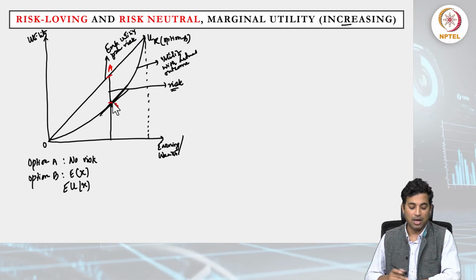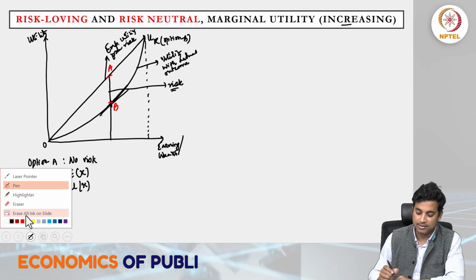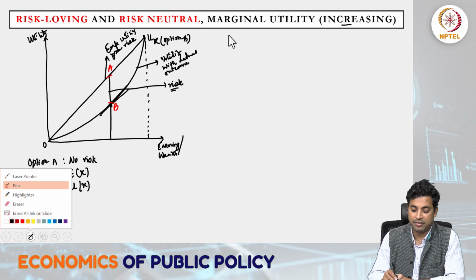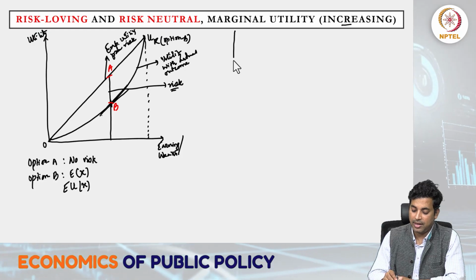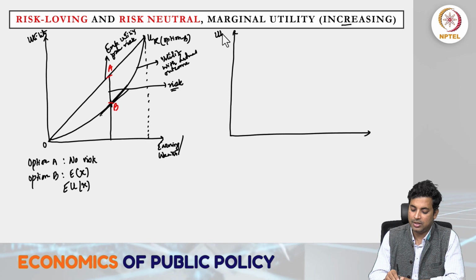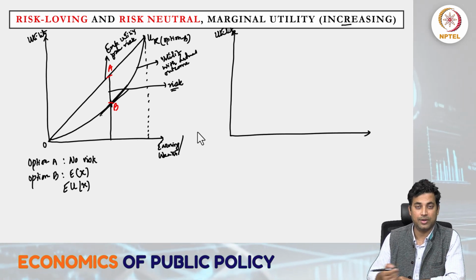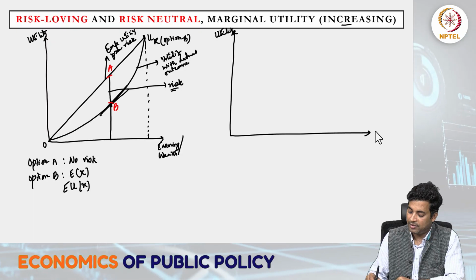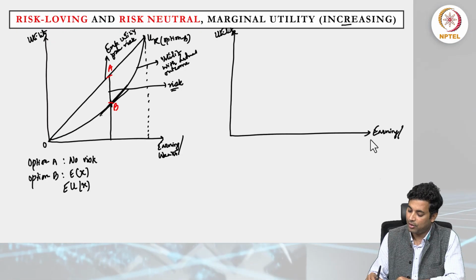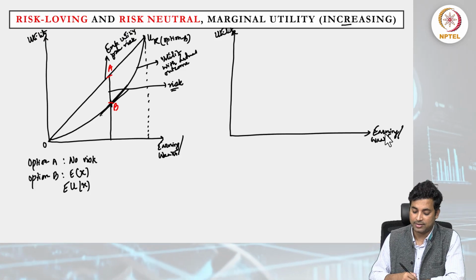So now the second case that we want to discuss with the help of graphical representation, where again we are using a utility curve, utility along the vertical axis, and again earning or wealth on the horizontal axis.